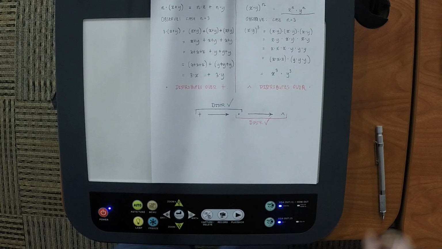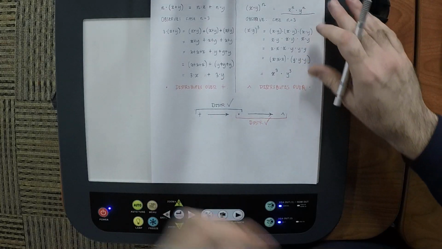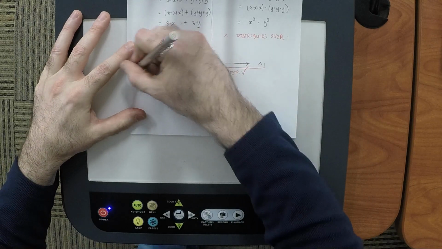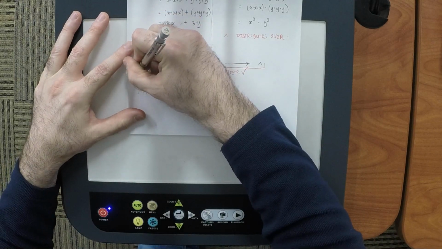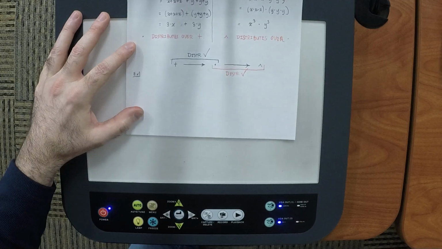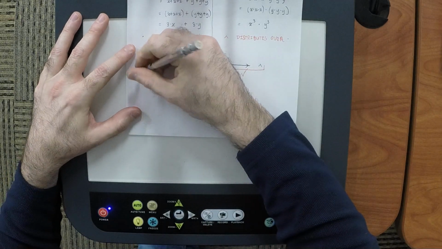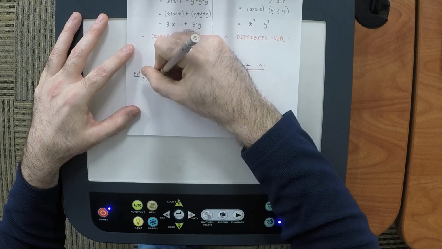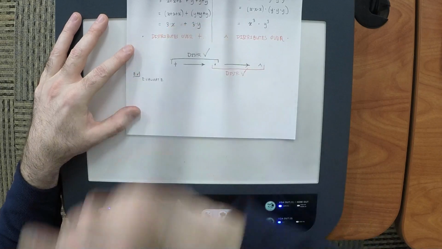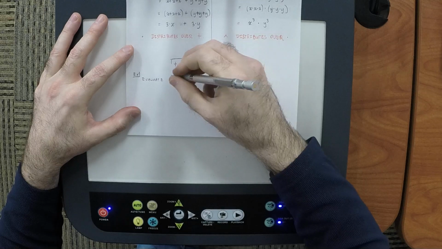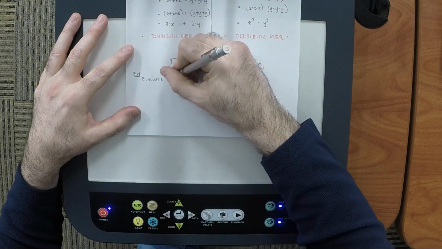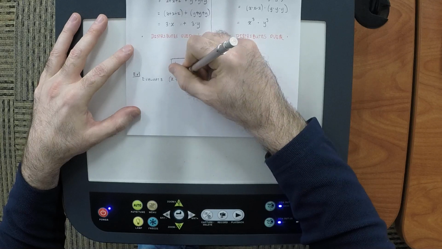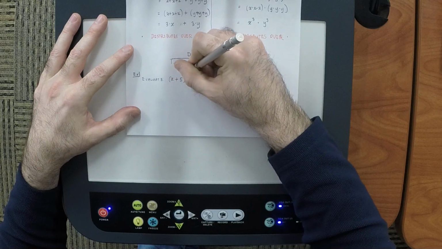All right. So let's see. So here's a typical example. So a typical example is something like this. Evaluate this. So x plus 5 squared.